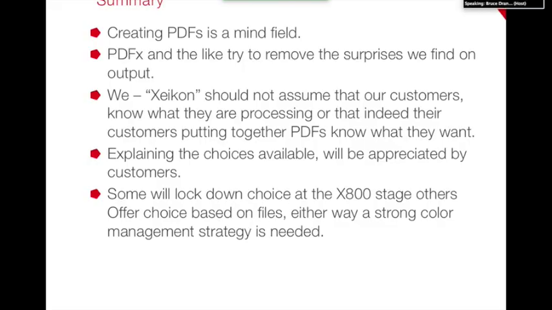I think at Zycon we shouldn't assume that our customers know what they're processing, and sometimes if we're unraveling colour issues with customers, we have to work in a kind of partnership with them, because it's not just about the engine, it goes a lot further and into the file construction, but even layers below that. So it's not just a case of CMYK RGB, it's what CMYK, what RGB, and the like. So if we can explain these choices to customers, I think it'll be appreciated.